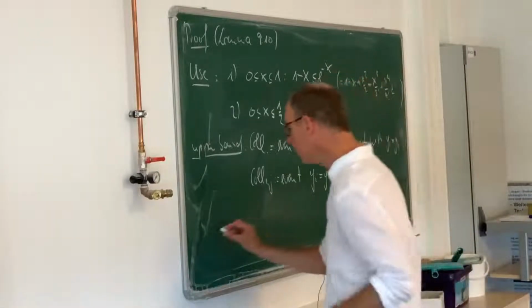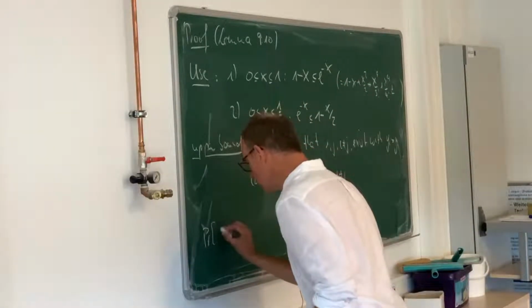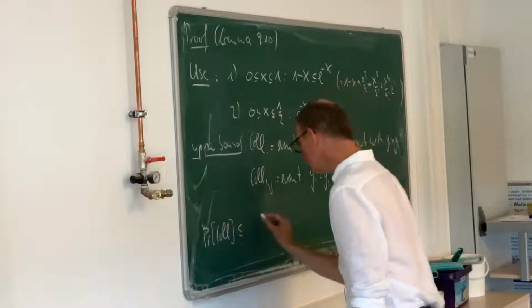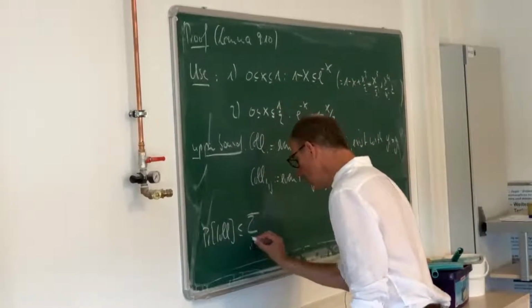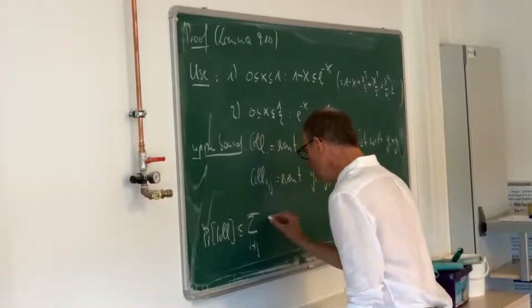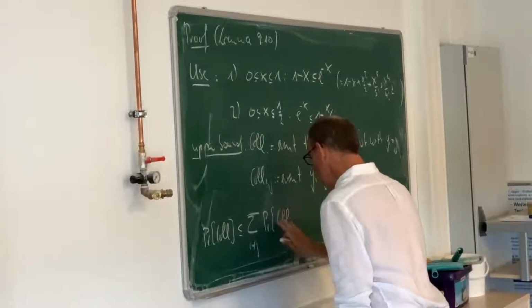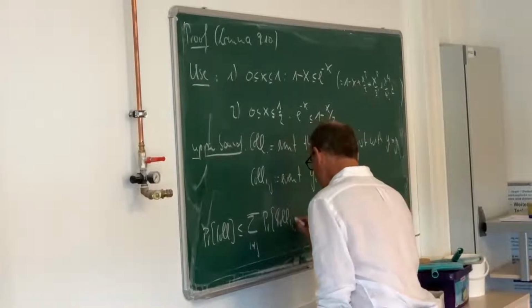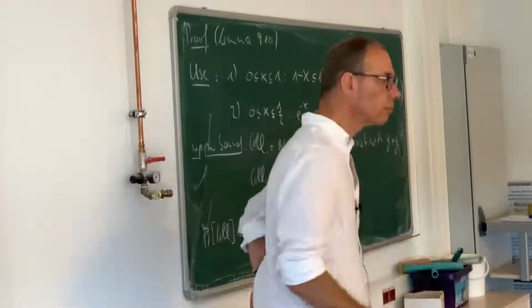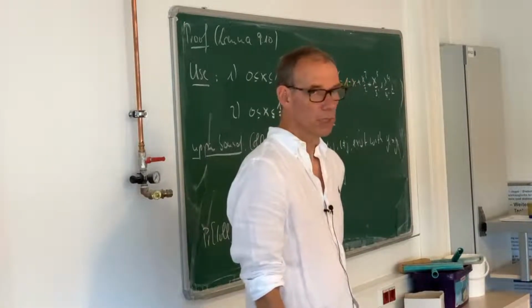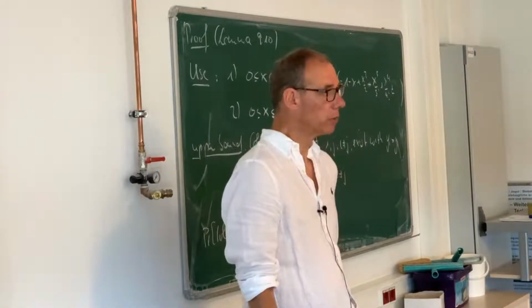Now the probability for collision is upper bounded by the sum over all i not equal to j of the probability of collision i comma j. Right? It's a true upper bound, union bound.